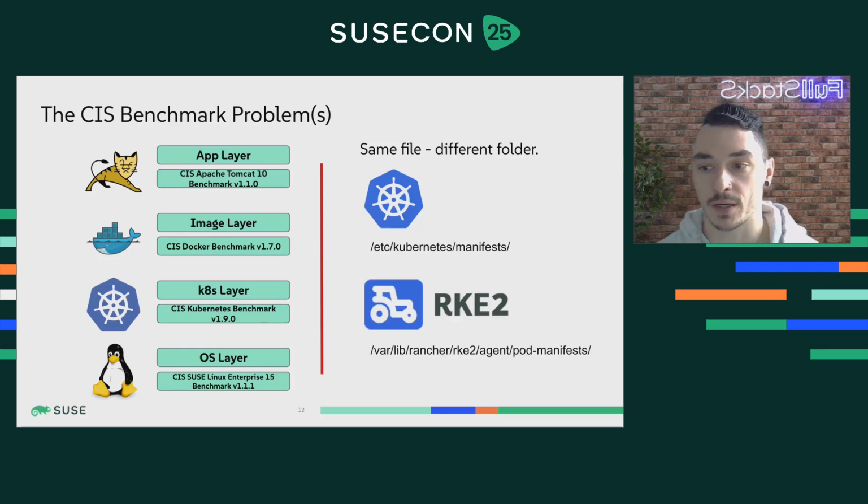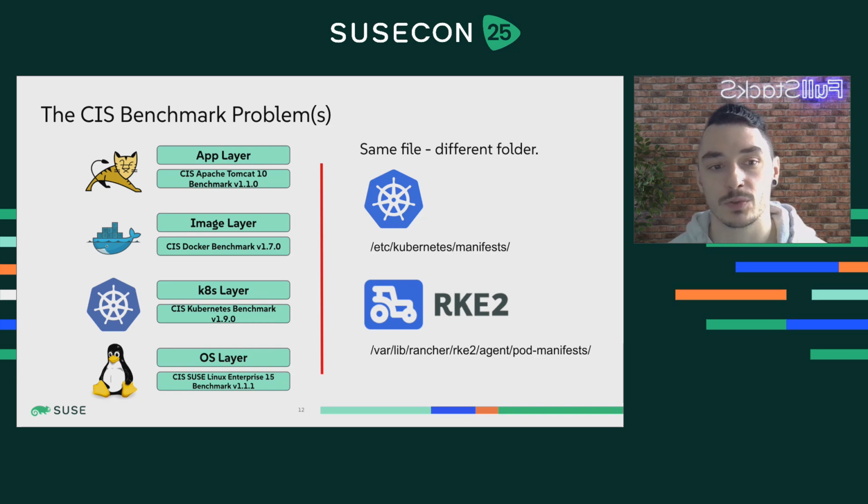Now, if you have a look at RKE2, RKE2 makes use of the same technical system and the same idea of having static pod manifests, but the folder is different, which at the end of the day means if we want to check for compliance in an automated way, we need to have a way to actually customize the rule set or the policy that is checking the file permissions, for example, of these YAML files for different distributions.